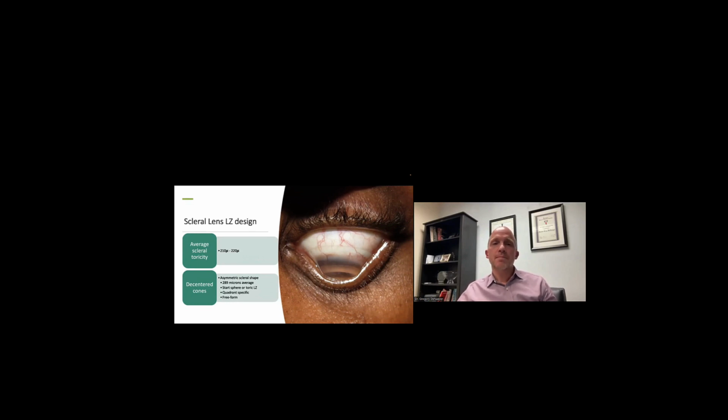When you fit them, though, you can start with a sphere or toric landing zone. If that happens to fit great, then that's fine. You're done. You don't have to make it more complicated than it might have to be. However, if you're troubleshooting for a difficult fit where the lens is either decentered or you might have areas of edge lift, then you might have to consider a quadrant specific or freeform lens design.